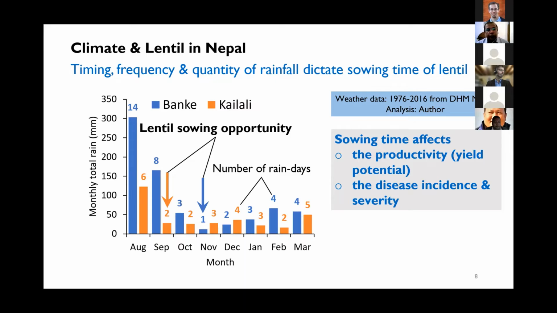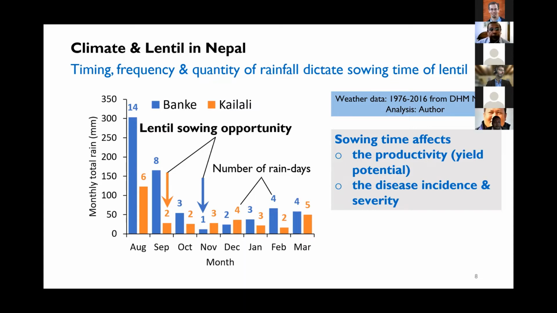In contrast, the blue bars show rainfall scenarios in August and September that do not allow early sowing in Bake district compared to Kailali.